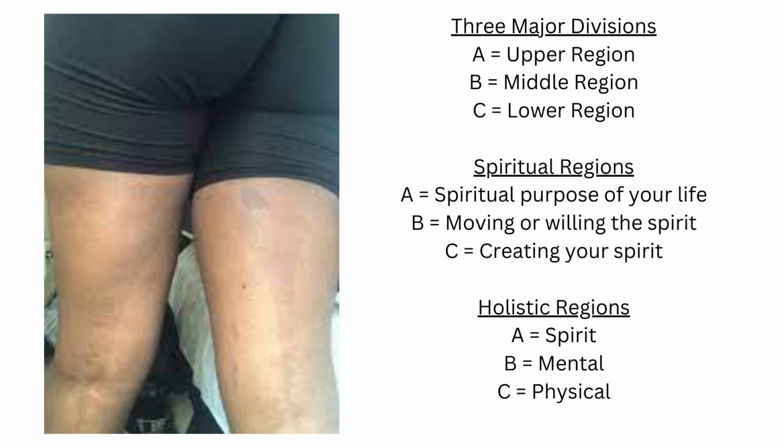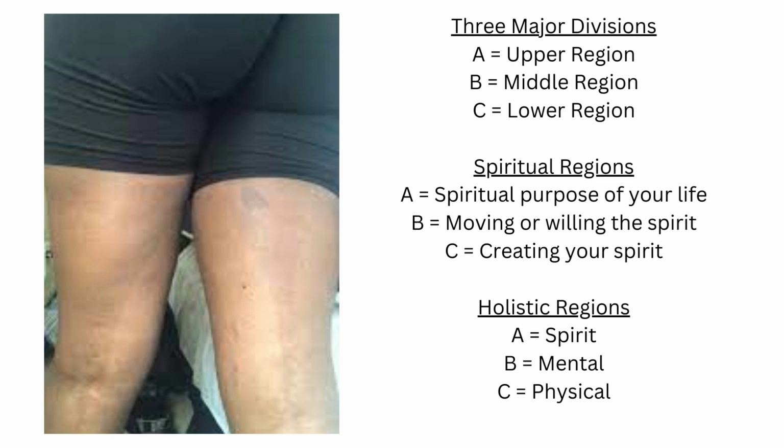Okay. And by the way, there are spiritual regions here as well. So C is about creating the spirit, B is moving the spirit, and A is spiritual purpose of life. So if you think about it holistically, C, creating your spirit, is the physical. It's when we're creating our bodies, our physical beings.